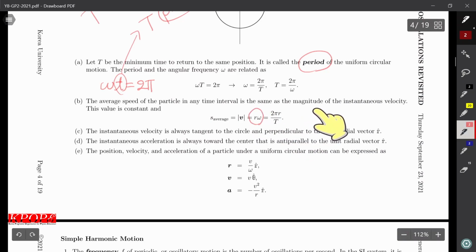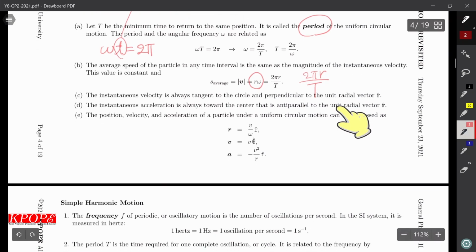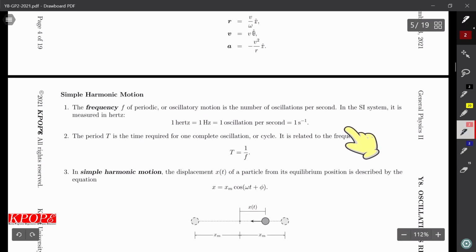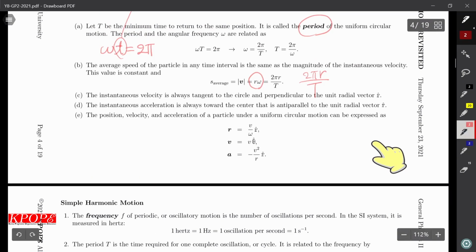That can be evaluated. The circumference is 2 pi r, period T. So distance divided by time, this is average speed. And actually instantaneous speed is the same as this. The relation leads to this kind of relation. Acceleration is minus v squared over r.